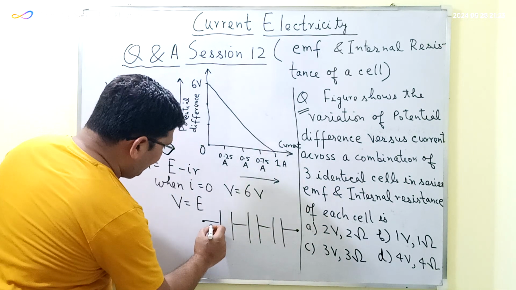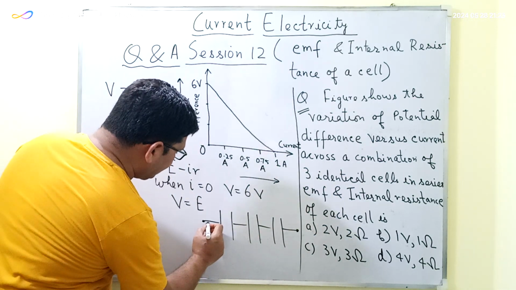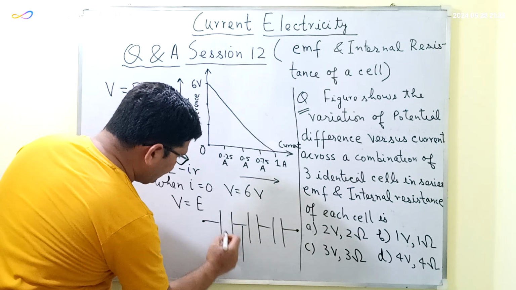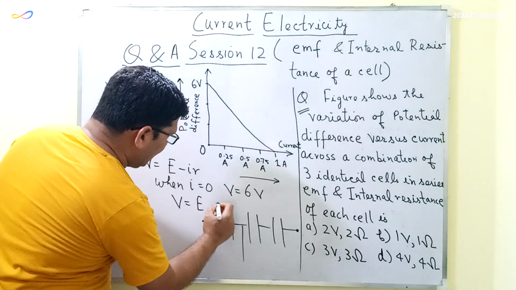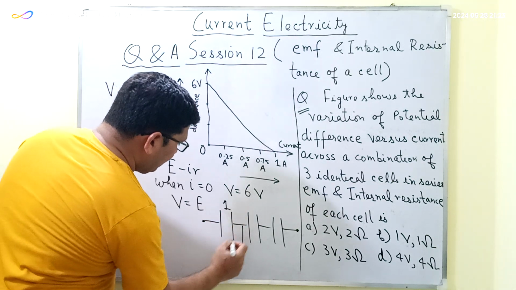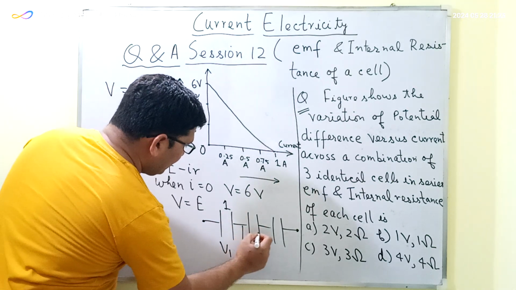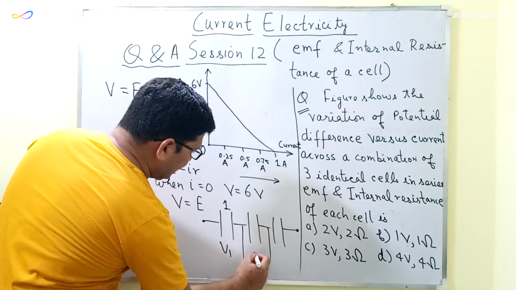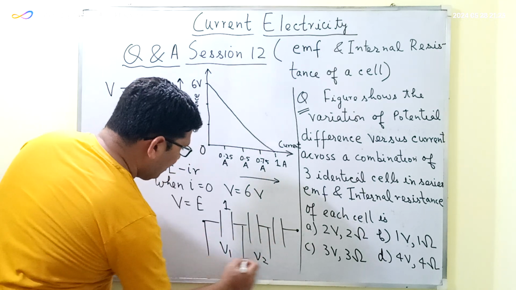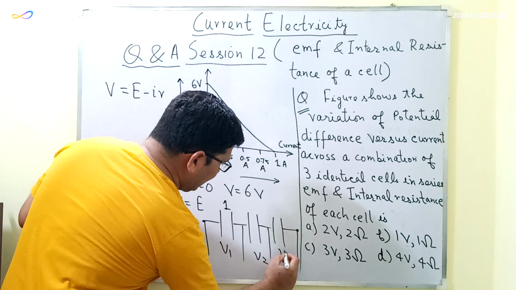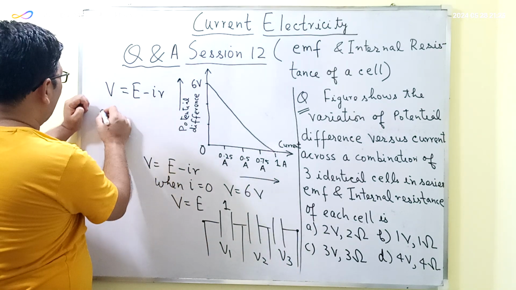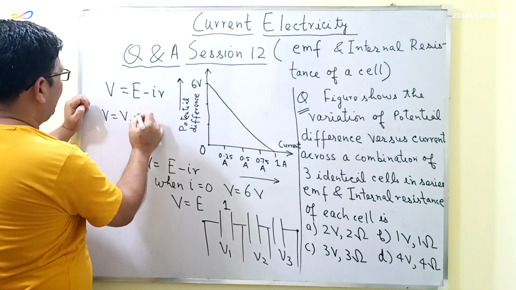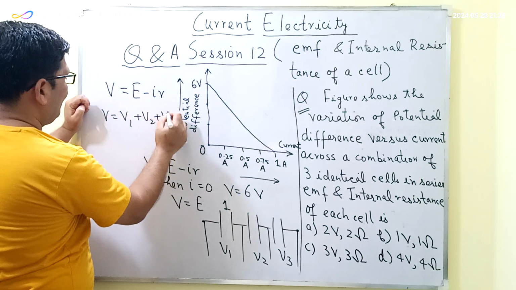That is, for example, let us say the potential difference across this cell, say number 1, is V1, the potential difference across this cell is say V2, and the potential difference across this cell say is V3, then the total potential difference V will be equal to V1 plus V2 plus V3.